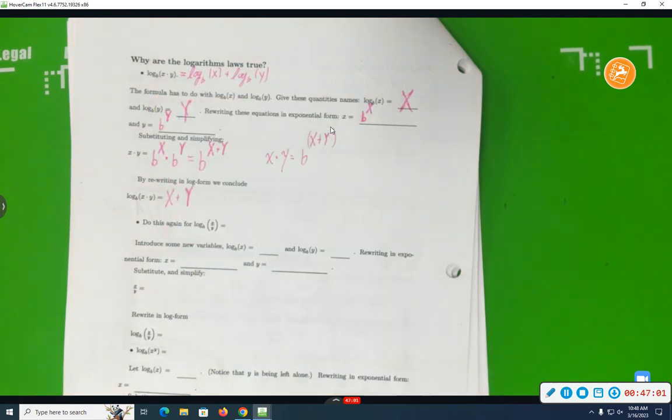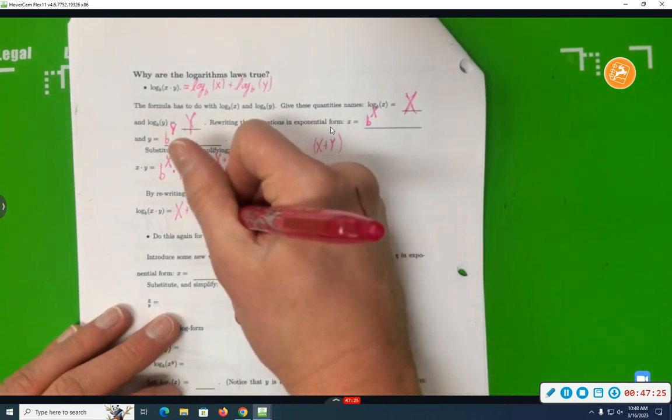And I'm not actually interested in capital X and capital Y. I'm interested in what they represent. What is capital X equal to? Log base b of x. What's capital Y equal to? Cool.